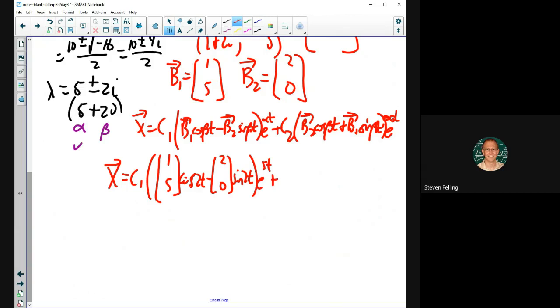And then we've got plus c2 times the b2 vector, 2, 0, cosine 2t plus the b1 vector, the real vector, sine 2t times e to the 5t.